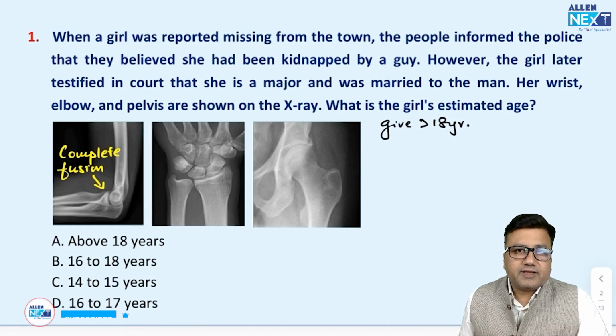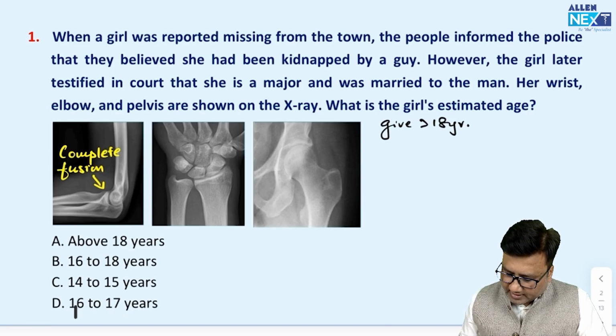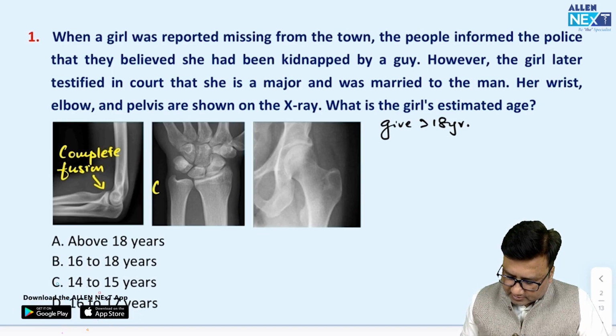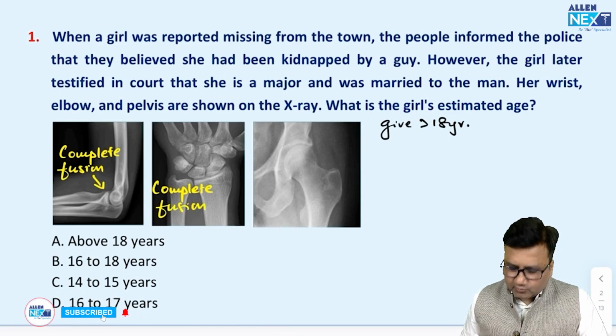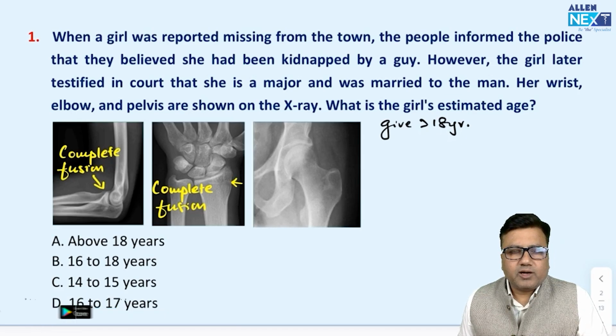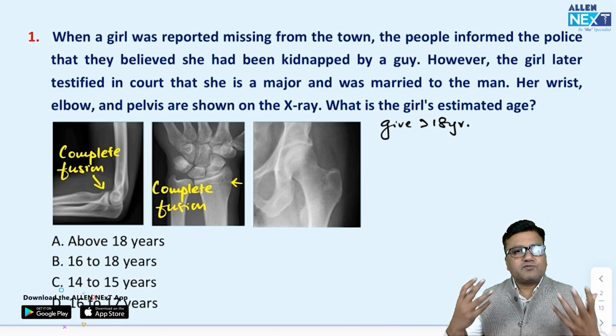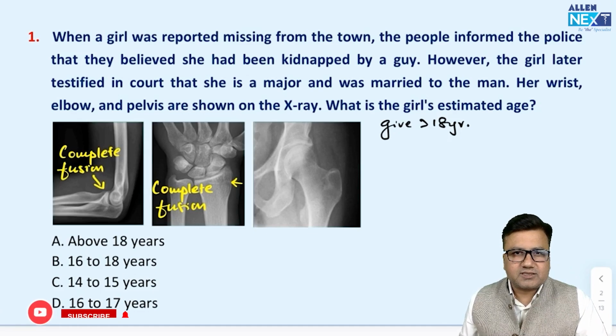In the second x-ray, that is x-ray of the wrist and hand, we can see that again there is complete fusion. We can see that the epiphysis of the lower end of radius is fused. That would be the last fusion that would happen in this x-ray.